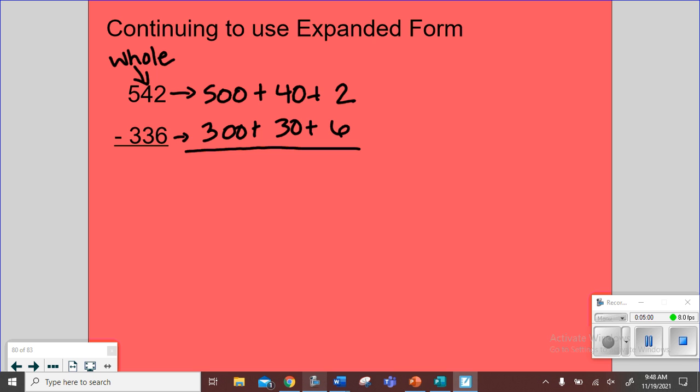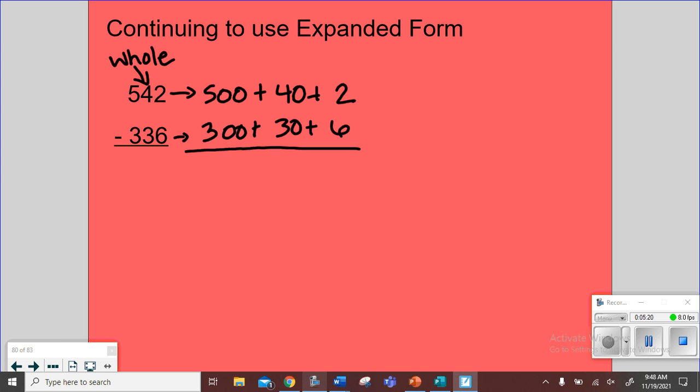Will subtraction do the same thing? No. Is 2 minus 6 going to give me the same answer as 6 minus 2? No. So I cannot switch it around. I have to do 2 subtract 6.